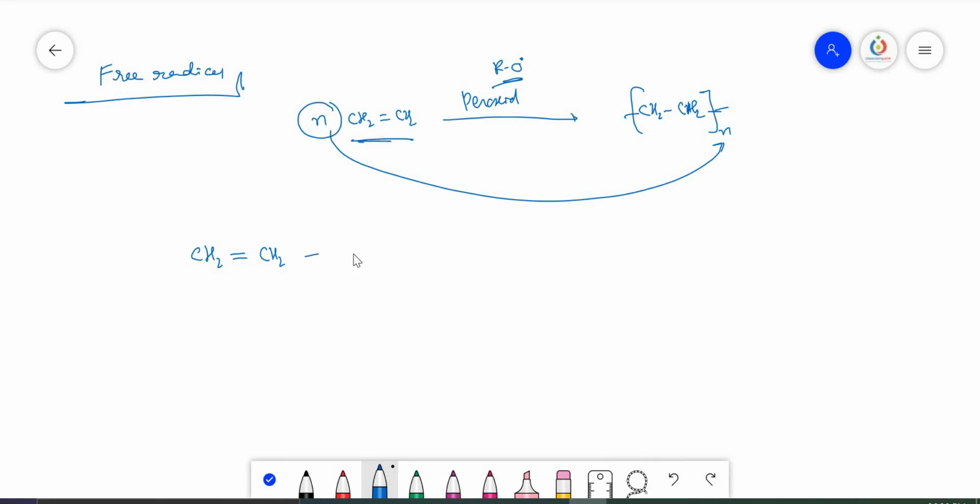CH2 double bond CH2 plus, this is a free radical. So a free radical does not have a positive charge, does not have the complete electrons, only a single electron is there. So it needs one more electron to form the bond. Hence these pi electrons undergo homolytic cleavage, so that another free radical will be produced, and here one more free radical comes, that free radical forms the bond with this one. So we get the molecule like this, and this molecule will not sit quiet, it participates in the reaction with another alkene molecule.